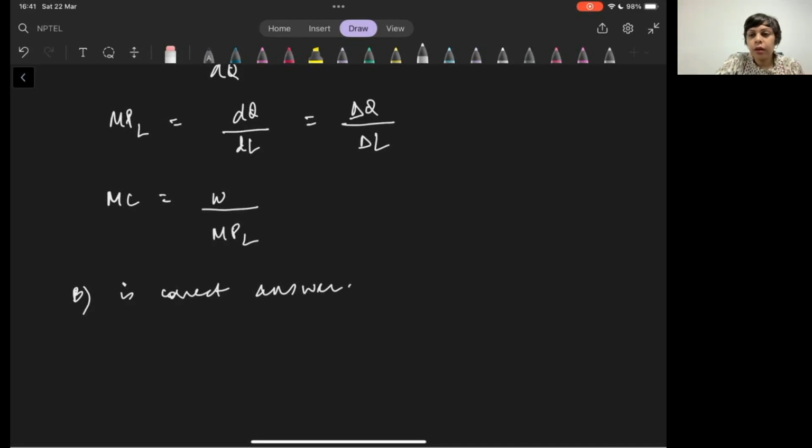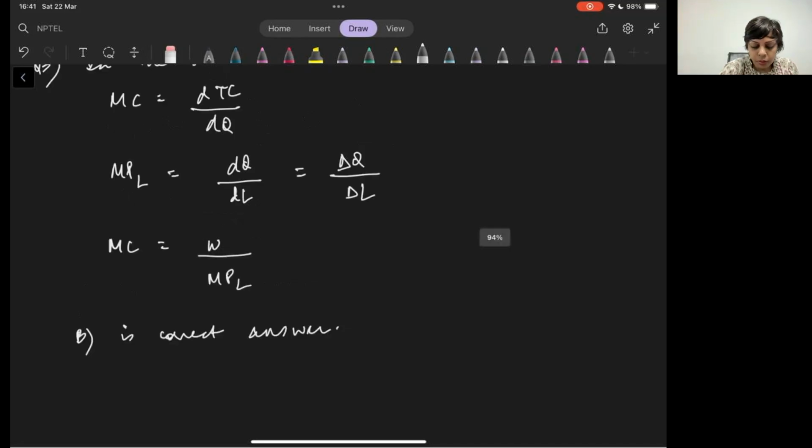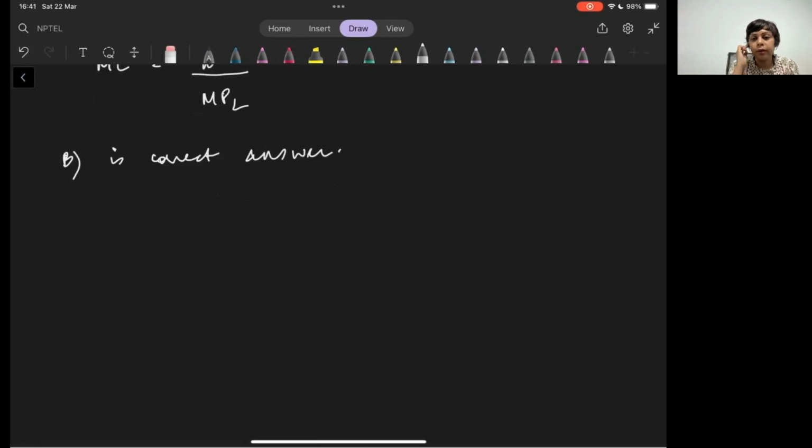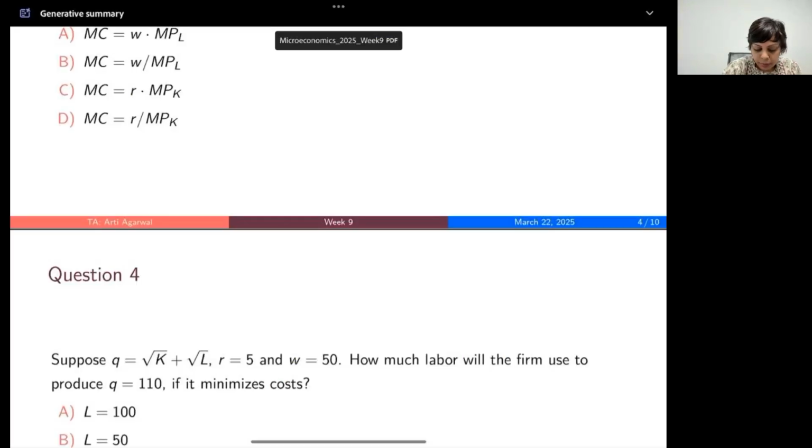It is actually not that complicated. The only thing in this question was remembering that in the short run, you're not varying K. Therefore, the expression for marginal product of capital does not actually make much sense.